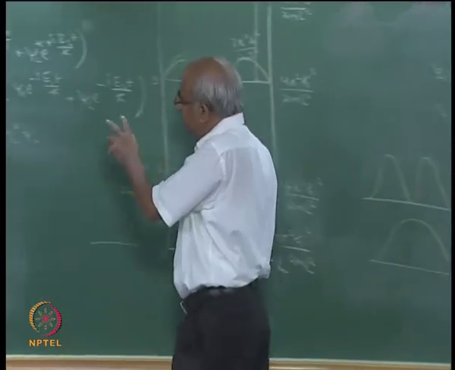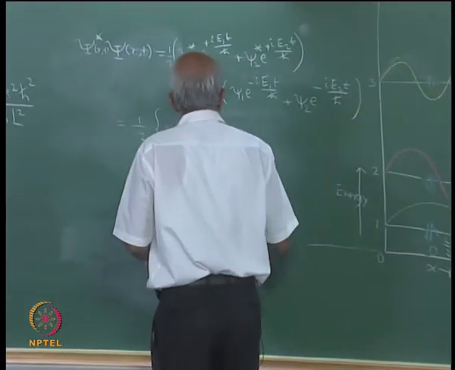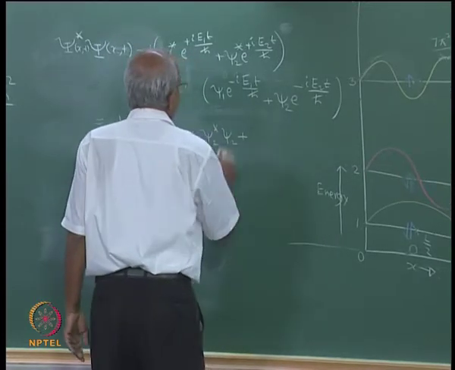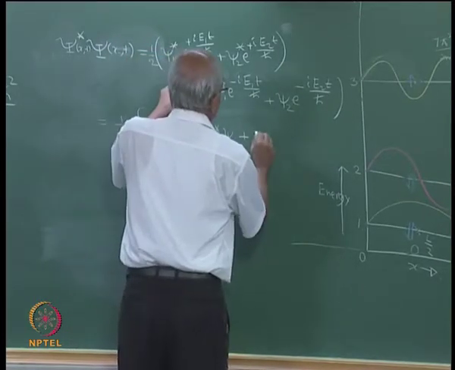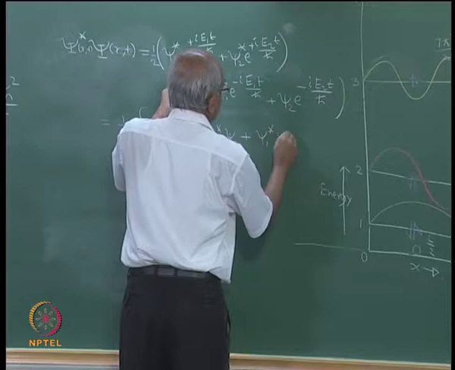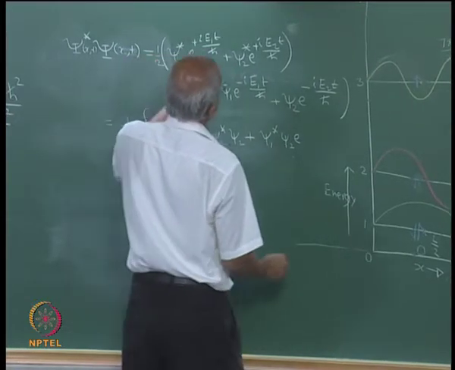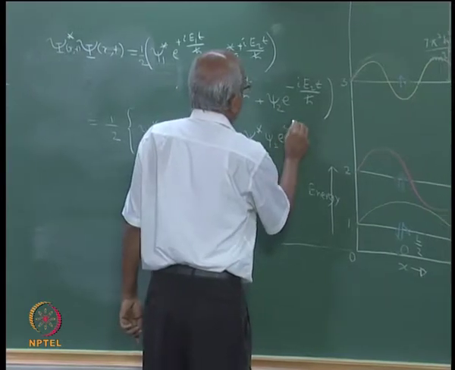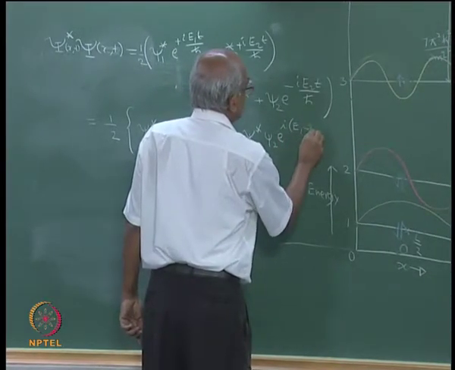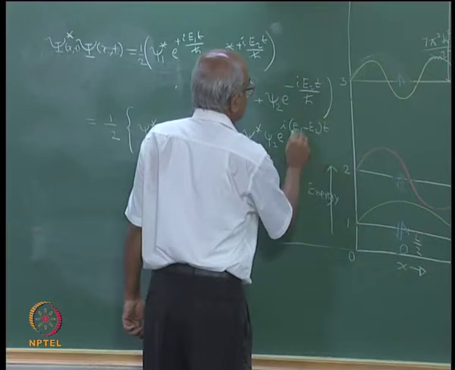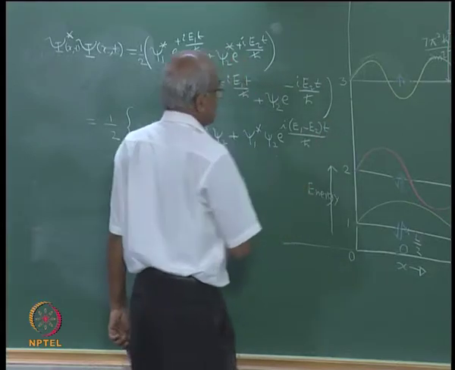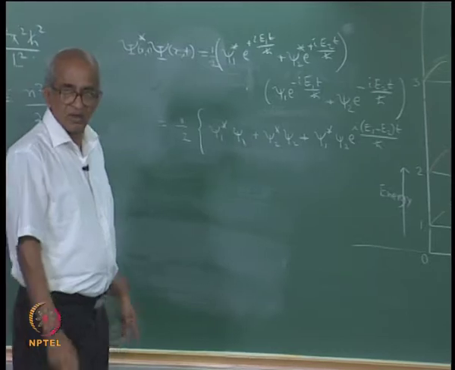But that is not all, you get additional terms. What are the additional terms? You are going to get psi 1 star psi 2 e to the power of i (E1 minus E2) t by h cross. That is one term that you will get, correct?